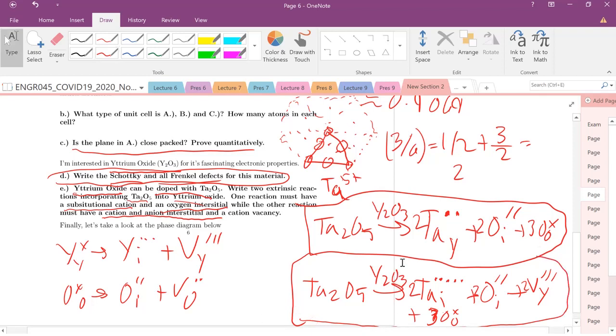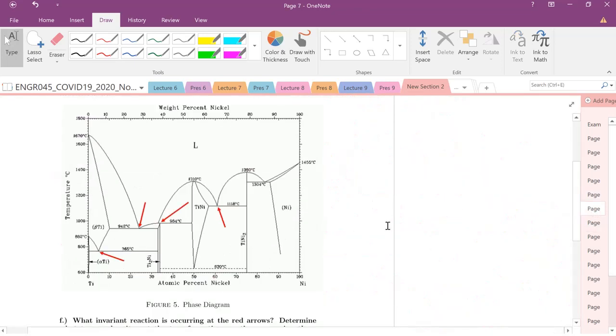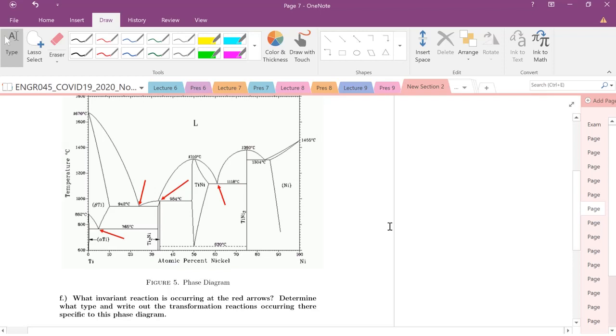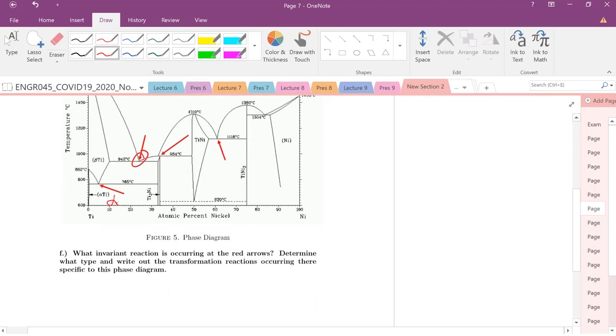Now, the last part of this question asks us to look at this phase diagram and identify what the invariant points are occurring here. So this one, hopefully you've seen before. So actually, let's help. This region here is alpha plus, this region here is beta plus, this is liquid, this is a pure material right here, this is going to be liquid plus this, and this is going to be liquid plus this, and this is going to be this plus this.